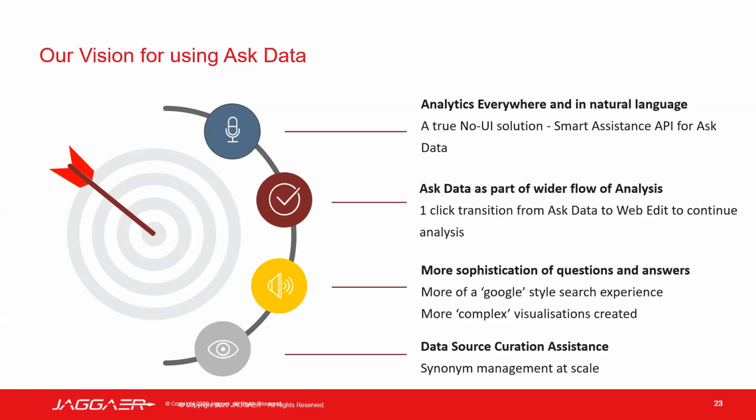And the last point is around more assistance with data source curation. I mentioned there are a few things you need to be aware of when you're creating your data sources and setting them up at the moment. From a synonym point of view, you have to add them per data source. Again, Tableau are looking to provide a more bulk experience to manage that.